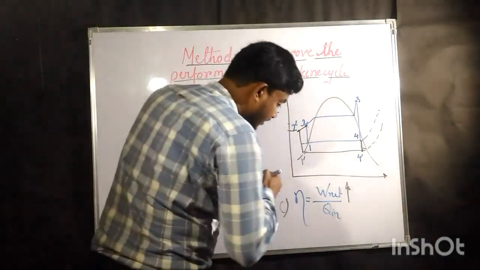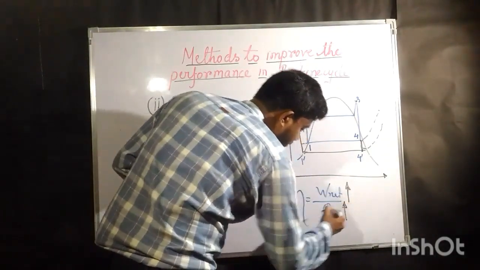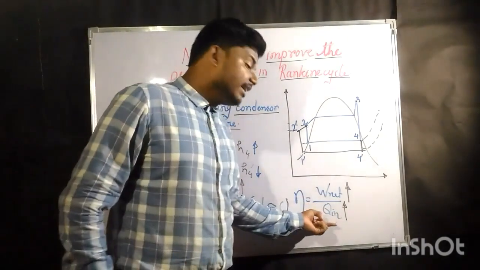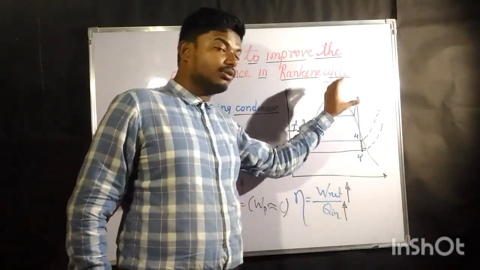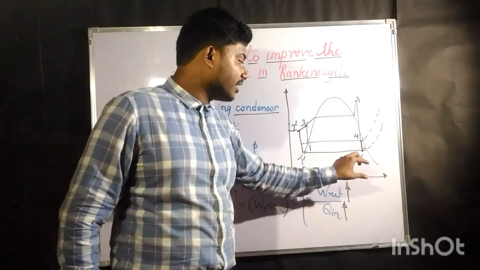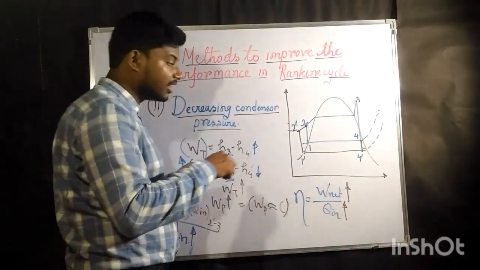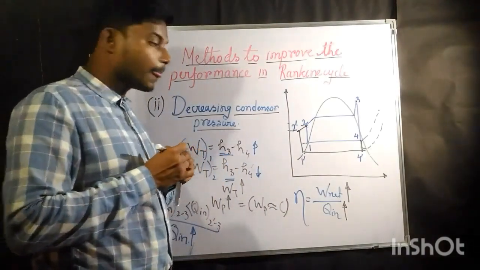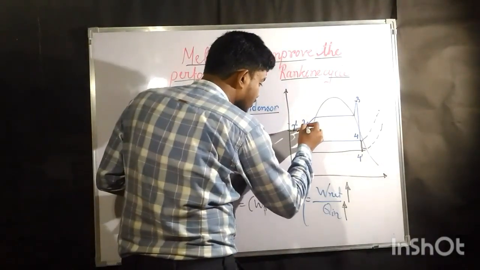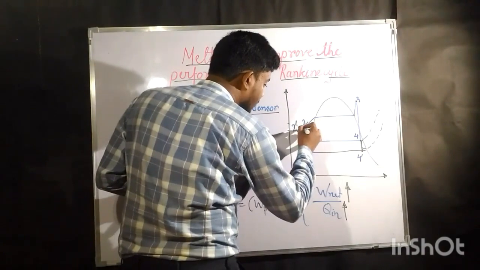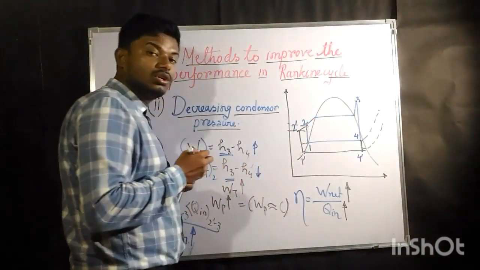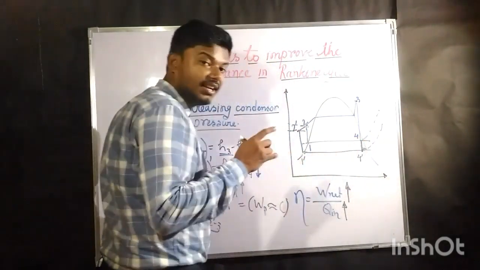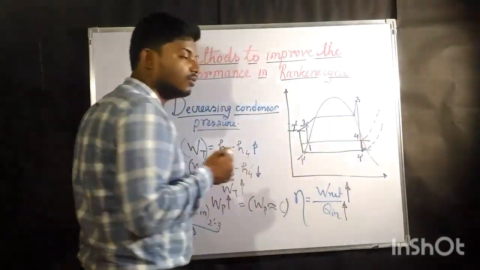And the heat input is also going to increase. But compared to the work done by turbine, this increase is going to be smaller, because the temperature difference from 2 dash to 2 is definitely going to be lower than the temperature difference from 4 dash to 4.